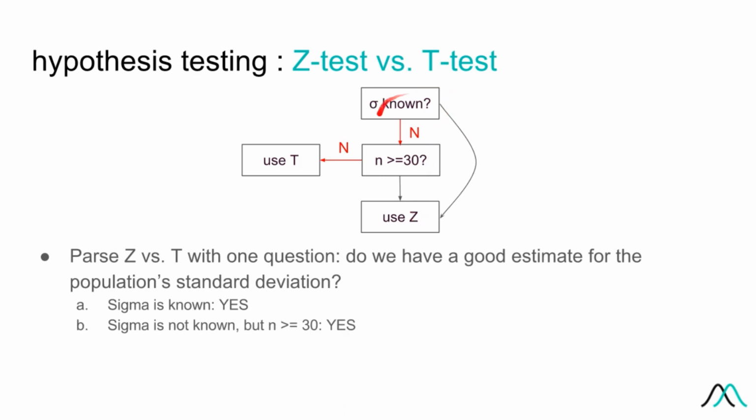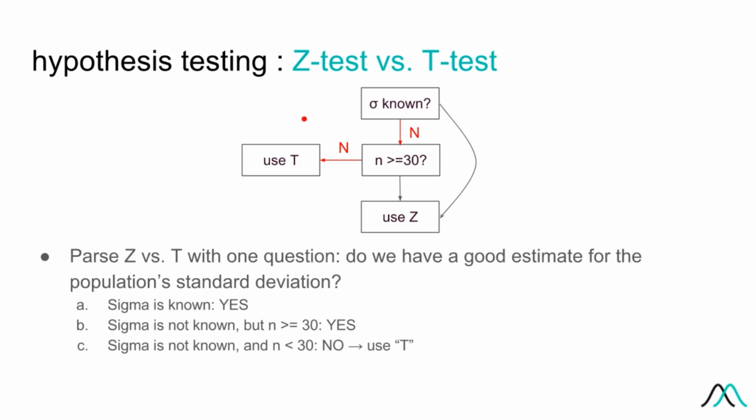But if sigma is not known, and we're here, then we have to look at, is our sample size big enough to give a good estimate? And conventionally, if n is greater than or equal to 30, we can use a z-test. So, therefore, the only time we have to use a t-test is when we're using s and our sample size is small. It takes 2 no's in this little algorithm.